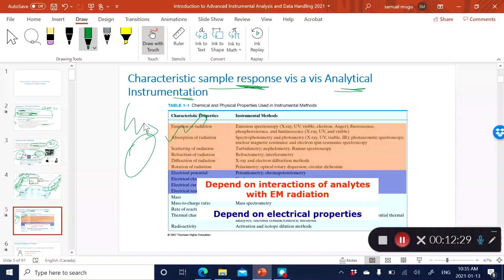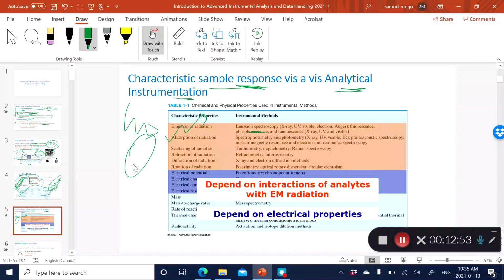The sample can absorb the radiation, but also excite the electrons, and then you get relaxation of those electrons, resulting in an emission of radiation. And that is the basis of emission spectroscopy. And there are many different types of emission spectroscopies that we're going to talk about.